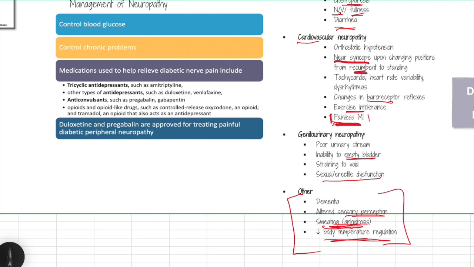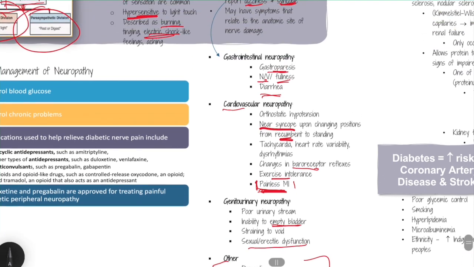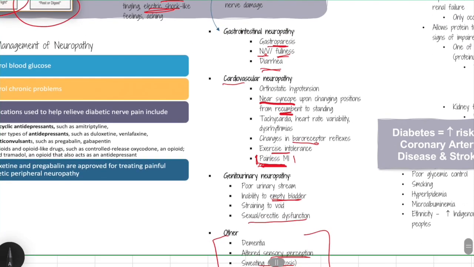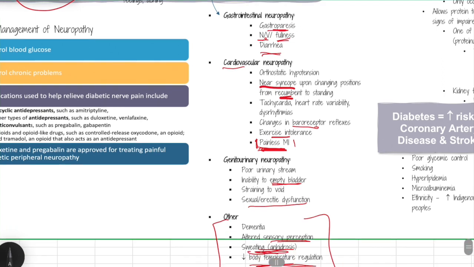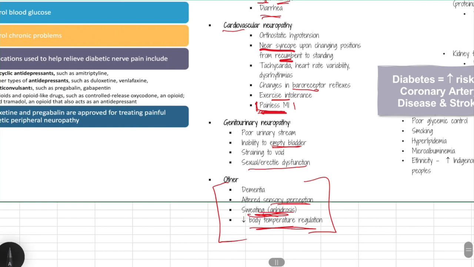Just think it through when you're looking at some of these things though, because the test isn't going to ask you straight out, what's a symptom of autonomic neuropathy. It's going to say something like, the patient has recurrent UTIs, and you're going to think, okay, where does that fit in? And so you think about things like an inability to empty bladder.